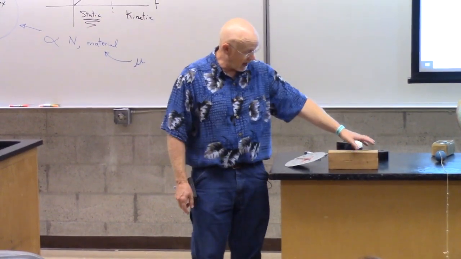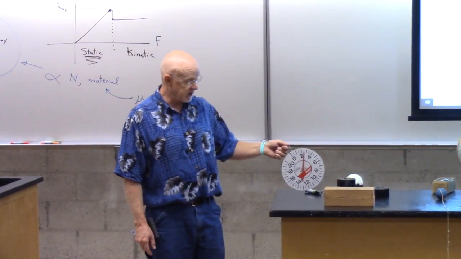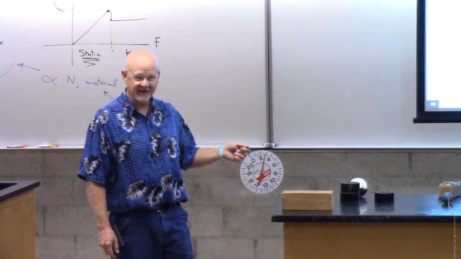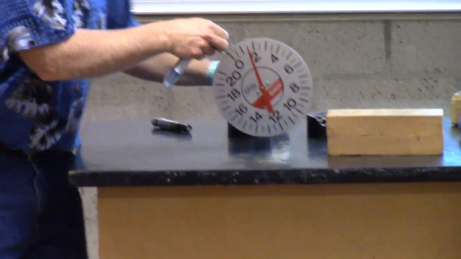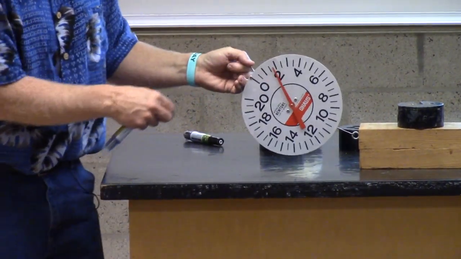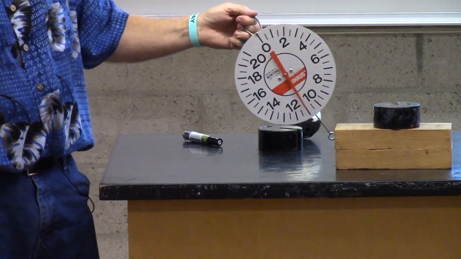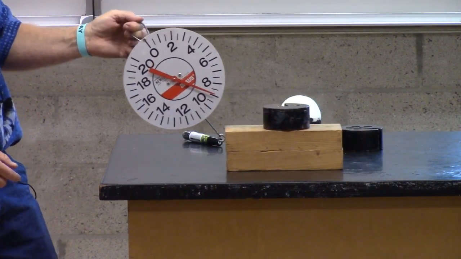Instead of pushing down, I could kind of lift up. In fact, if I were to do this, see how it moves at a much lower force now? Oh, even with the one weight on here, sorry. But if I were lifting up at an angle, well, see if I can get a better one.